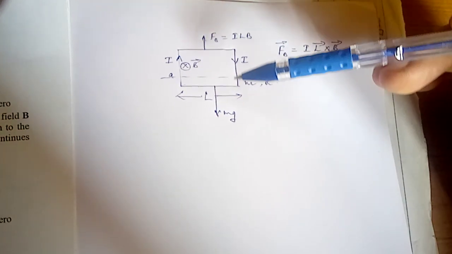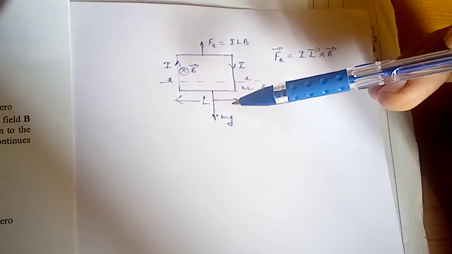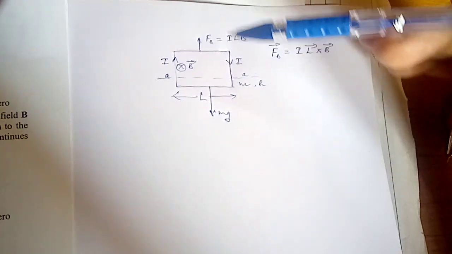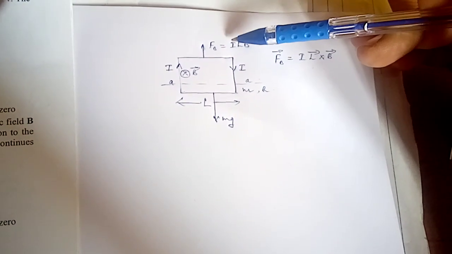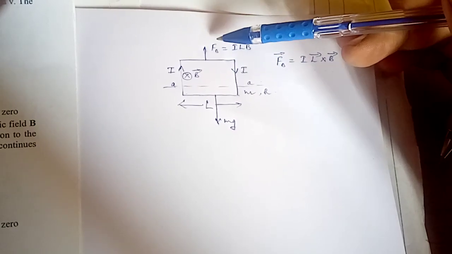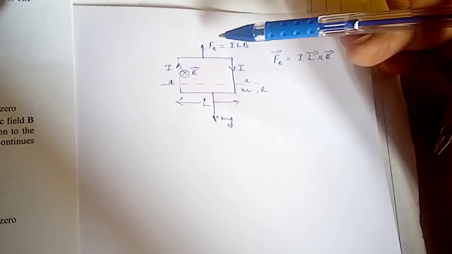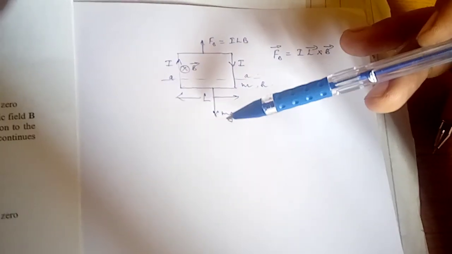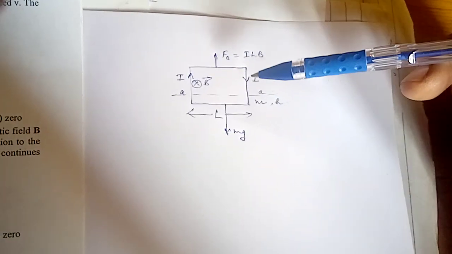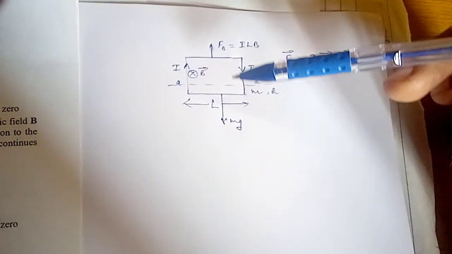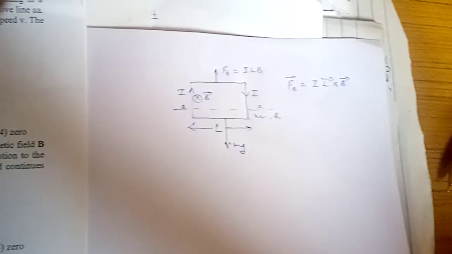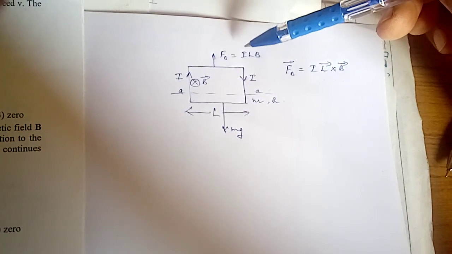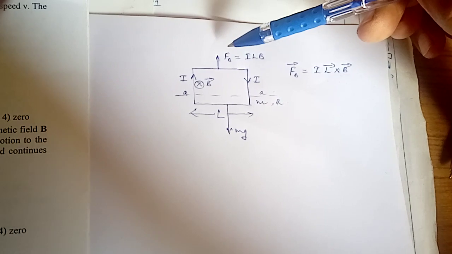As it moves downwards, mg remains constant, but the velocity of the loop increases. Because of that, I increases and hence F_B increases. However, the net force on the loop is still downward, and hence the loop's velocity keeps increasing in the downward direction.